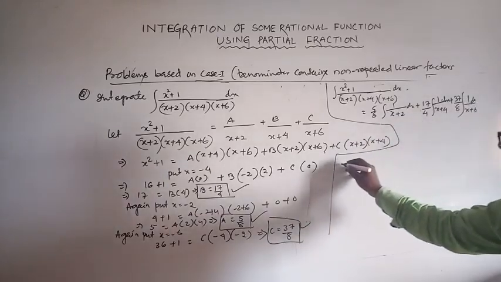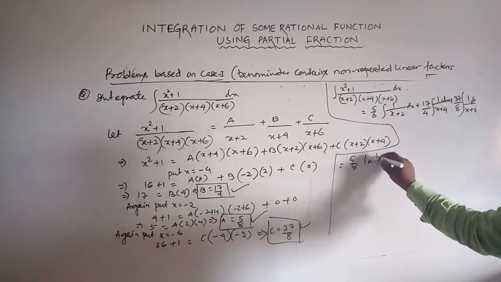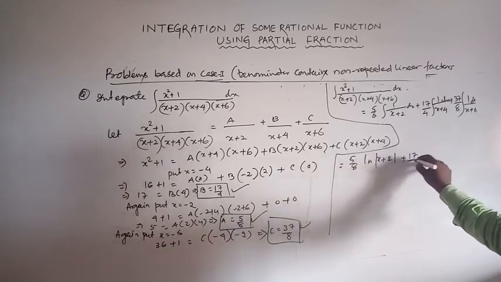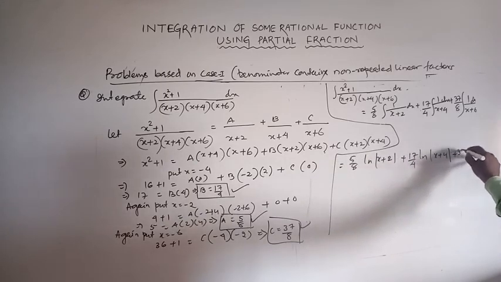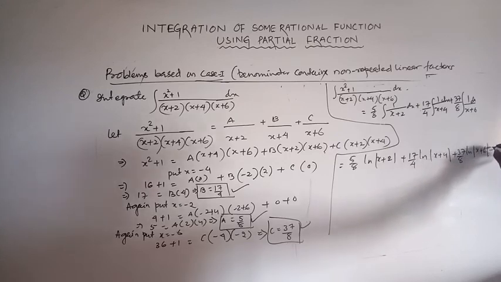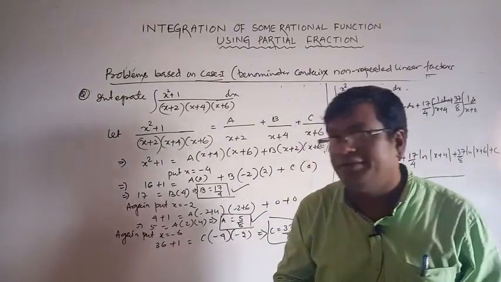So the answer will be 5 by 8 log of mod (x plus 2), plus 17 by 4 log of mod (x plus 4), plus 37 by 8 log of mod (x plus 6), plus C. This is the answer of case number 1.